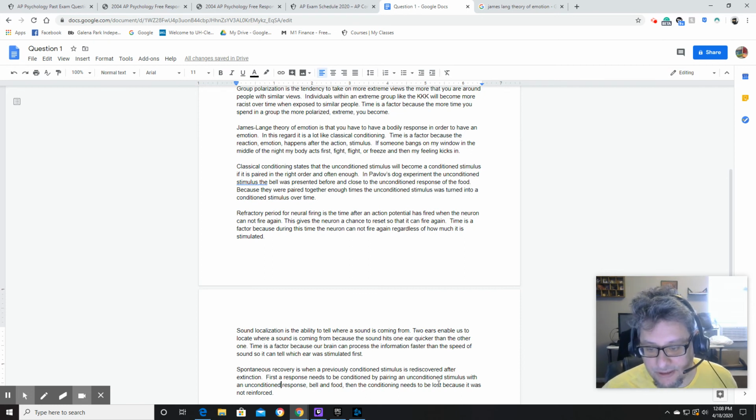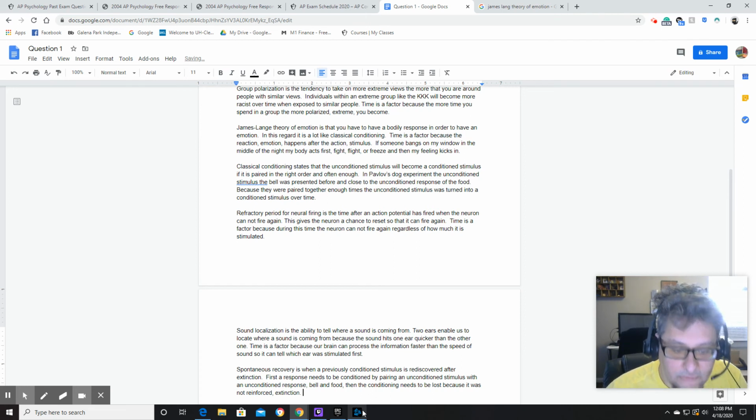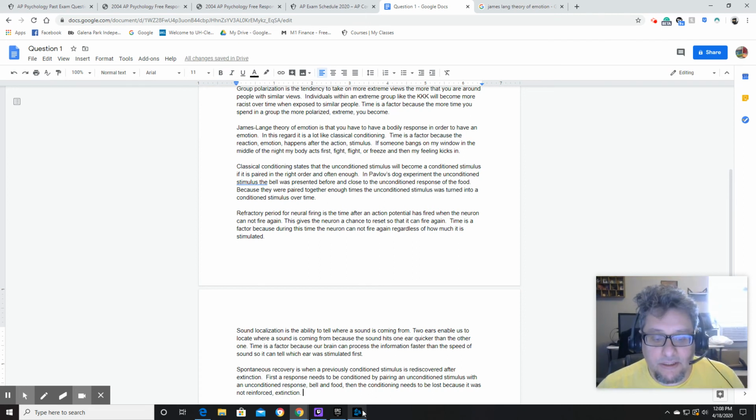Then the conditioning needs to be lost because it was not reinforced, extinction. So extinction is you've trained something through classical conditioning and now it is extinct because you've gone a couple of months and you haven't paired the bell with the food, you've just rung the bell at random. And so the dog does no longer respond that way.